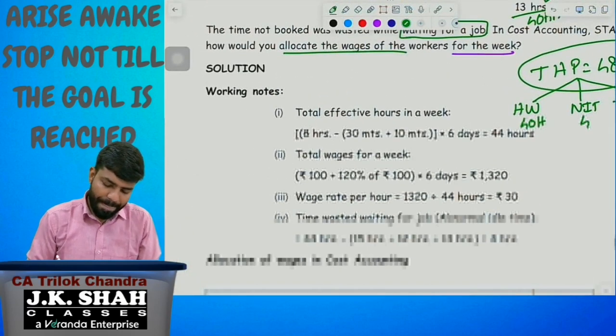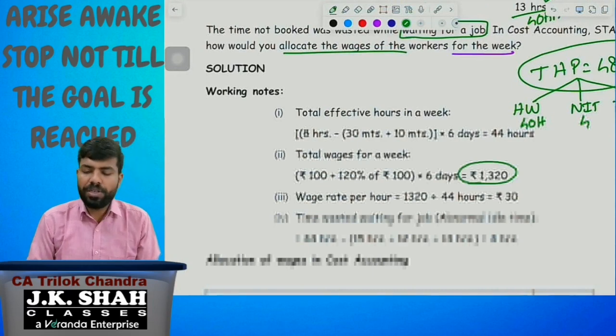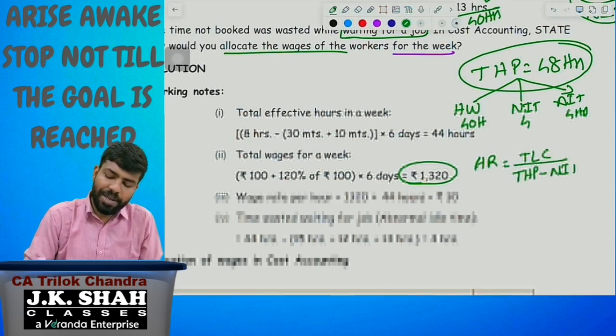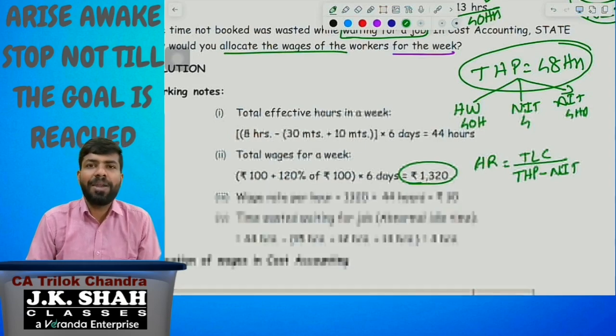Look at here. 1320. As I told you, hourly rate equals total labor cost divided by total hours paid minus normal idle time. Normal idle time cost will be loaded to the good hours.